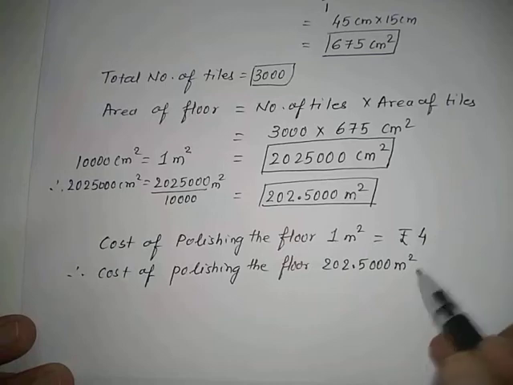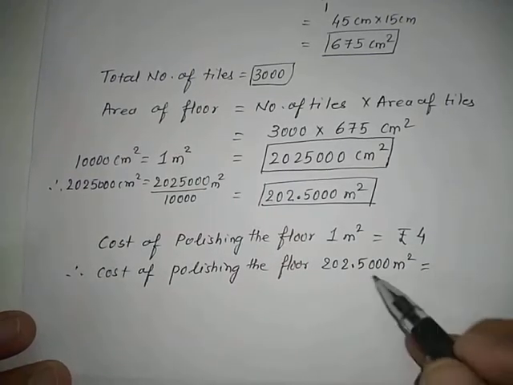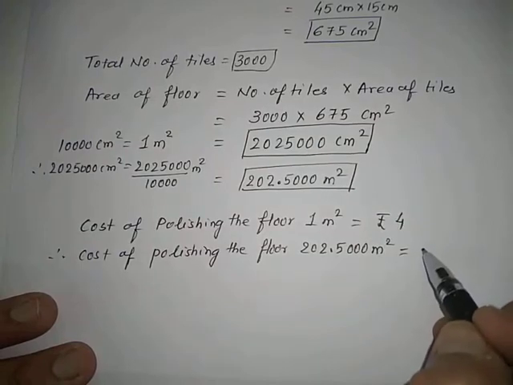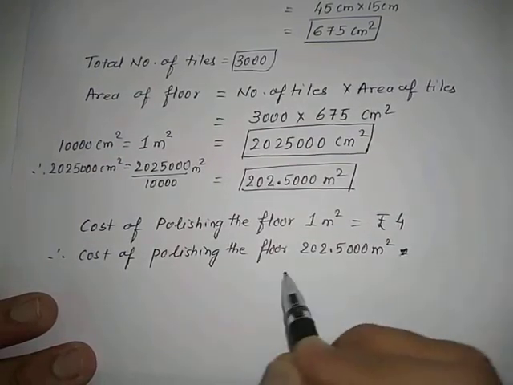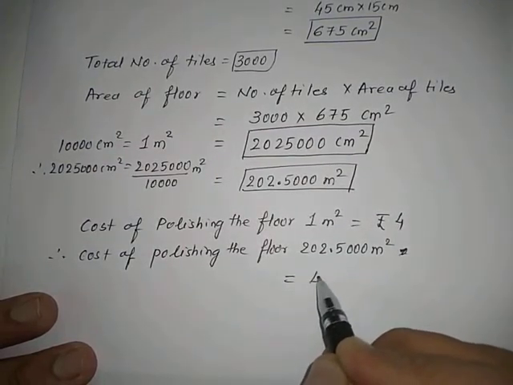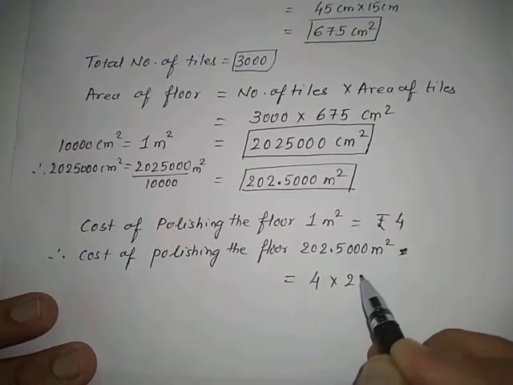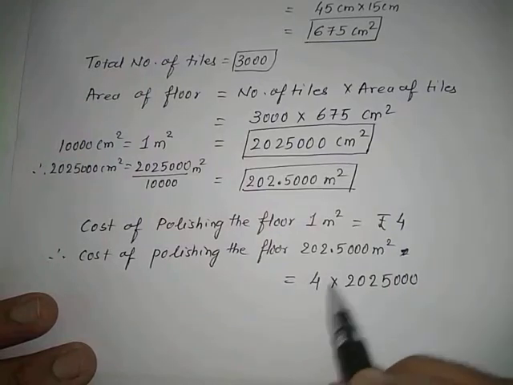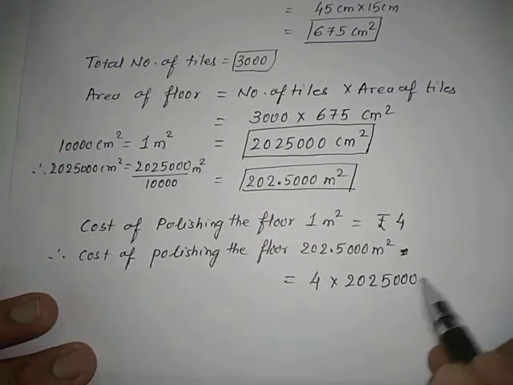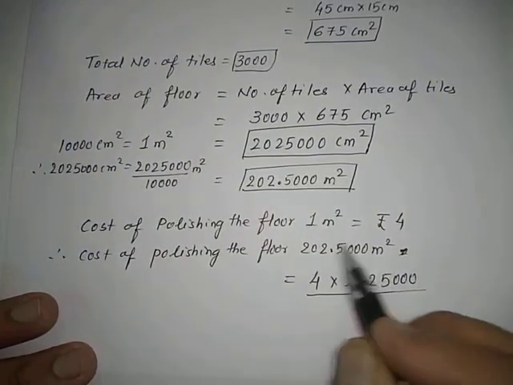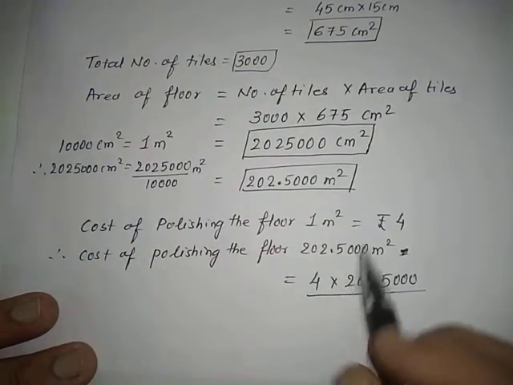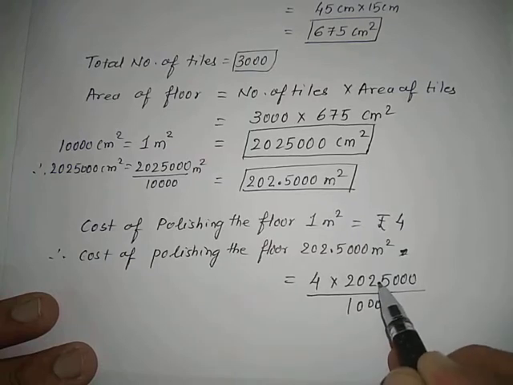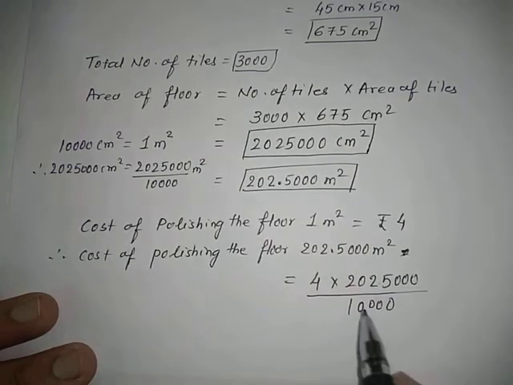So we need to multiply, this is equal to 4 multiplied by 2025000, and I can write this removing the decimal point over here, with zeros and 4 decimal places.